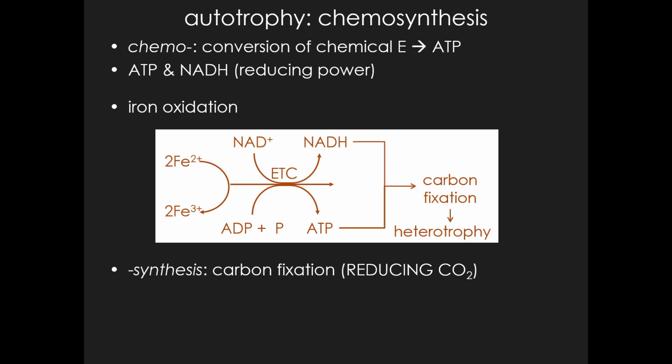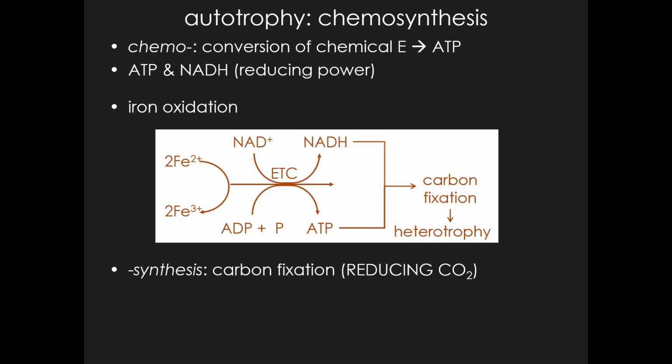And the needs for that are ATP and NADH. ATP and a source of electrons that we would refer to as reducing power because they provide the electrons to reduce the CO2. In the first example of chemosynthesis, we talked about iron oxidation, where ferric iron is oxidized to ferrous iron, and you can see that it's been oxidized because it becomes more positively charged.